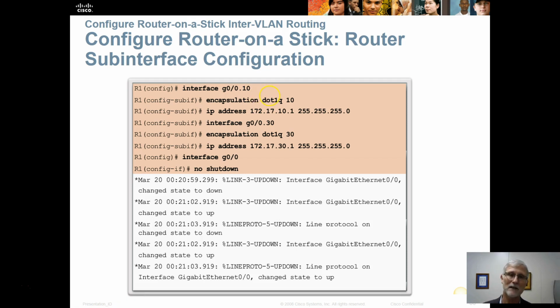We did VLAN 10, VLAN 20, so I did that G0 interface, gave it a .10, and told it which encapsulation. I've got to tell it that I'm now using dot1Q and the VLAN. Give it an IP address and a subnet mask. Do the same thing, set up the second port, and then bring that interface up.